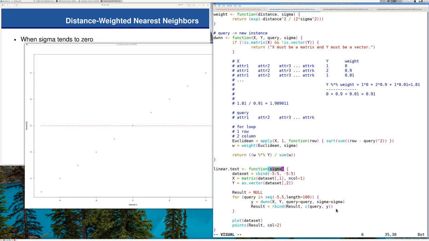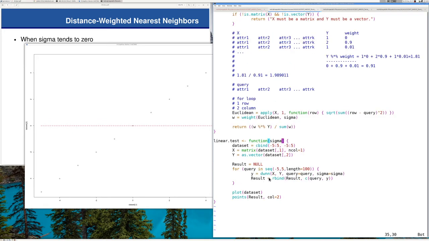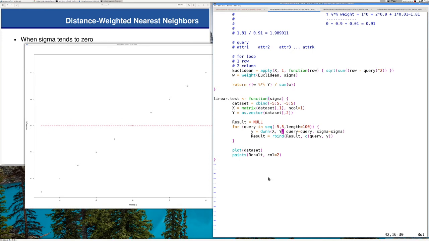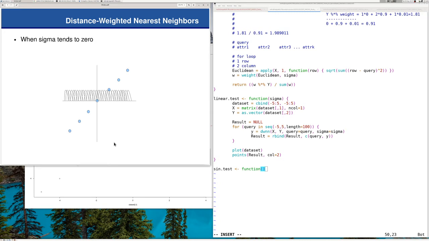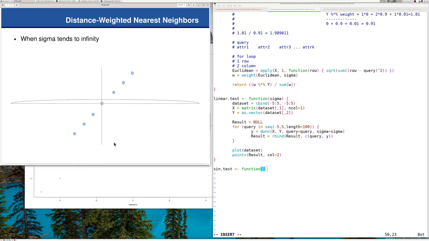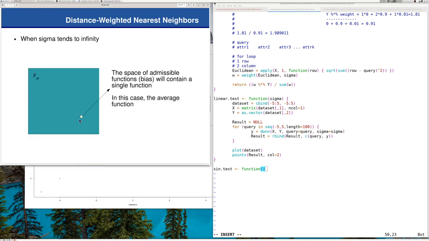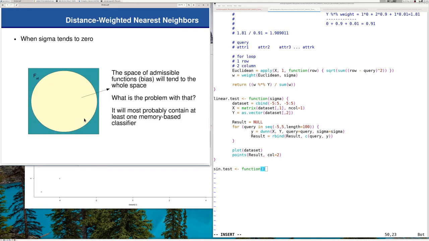What I want you guys to test now is to come up with a different scenario. And that's what I'm going to do with you guys. I'm going to model a sinusoidal function. And that's, of course, more complex. If something is more complex, do I need fewer functions in my bias, or do I need more functions in my bias?